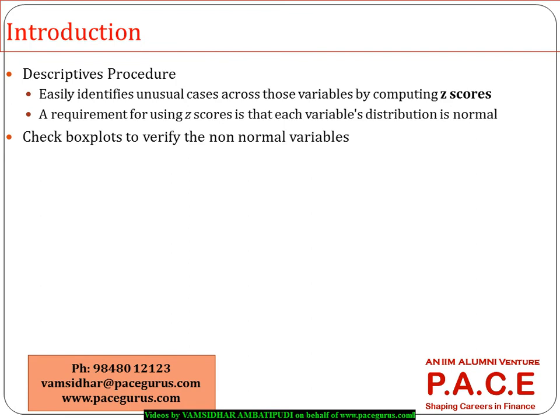So the descriptive procedure actually helps us in identifying the unusual cases. Sometimes we call them outliers, but I'm not using the word outlier because we'll discuss it slightly later.